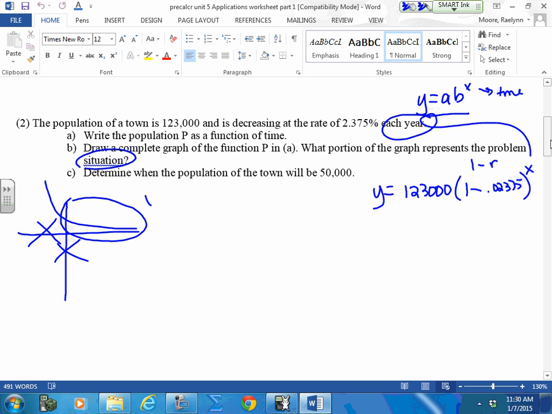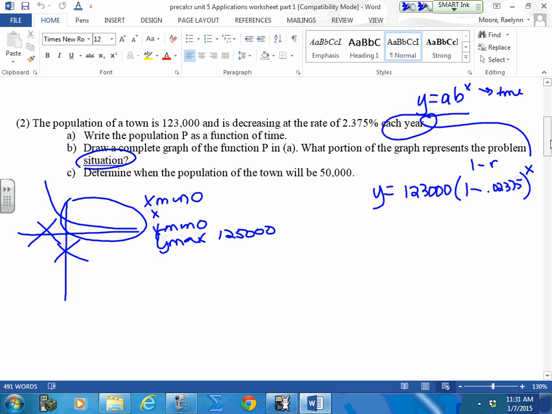Your window is nice on this because your mins on both of these are at 0. Your y max is easy because you're decreasing. This is the highest it's going to be. So make it 125,000. You can leave it 123,000 because all it does is start at the top.